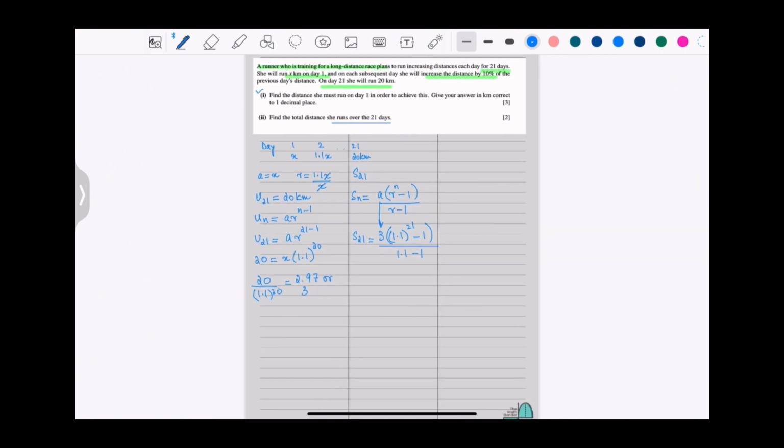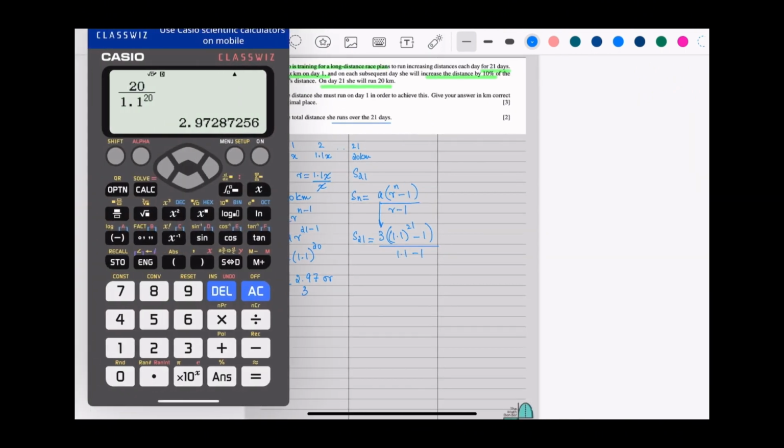I'll straight away plug it in my calculator rather than solving it further here. So the total distance she ran during those 21 days is 192 kilometers.